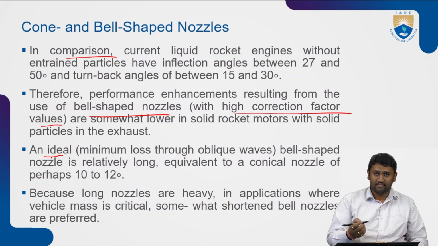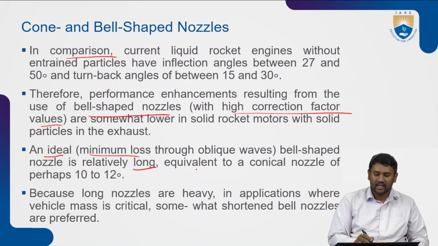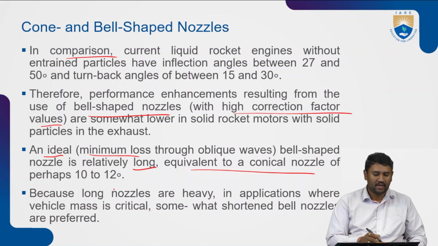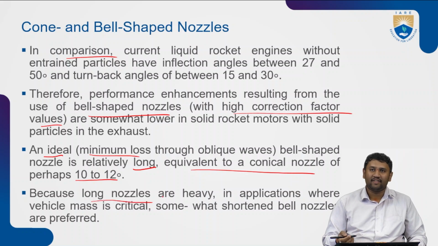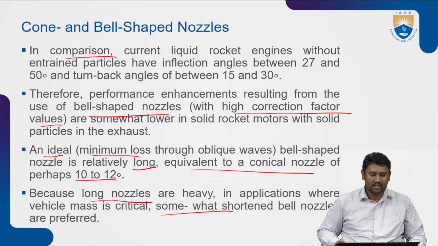An ideal bell-shaped nozzle, which means minimal loss through oblique waves, is relatively long, equivalent to a conical nozzle of perhaps 10 to 12 degrees. Because long nozzles are heavy, in applications where the vehicle mass is critical, somewhat shortened bell nozzles are preferred.